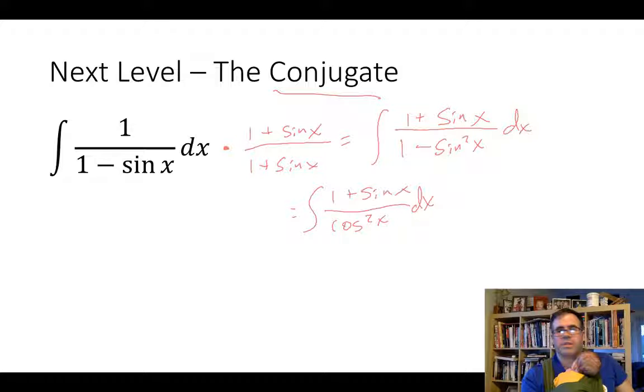And then we can split the numerator and go term by term. So this is 1 over cosine squared x plus sine x over cosine squared x dx.